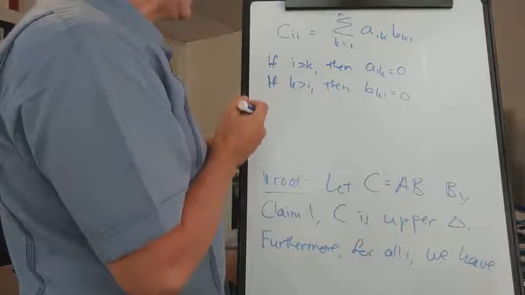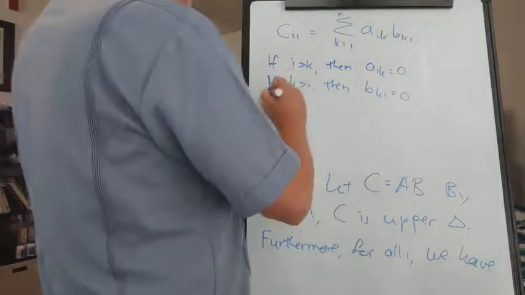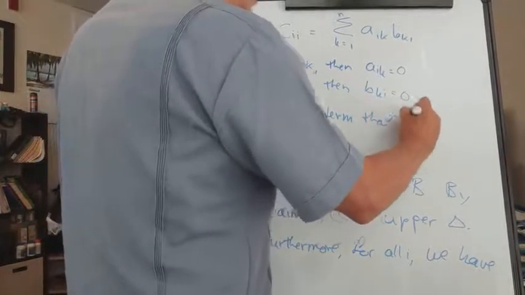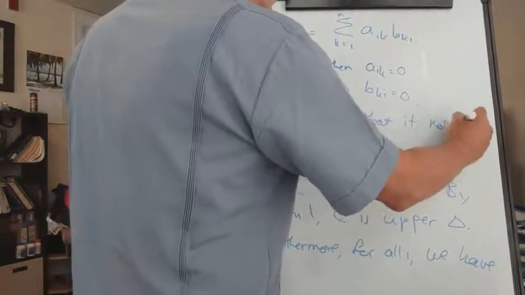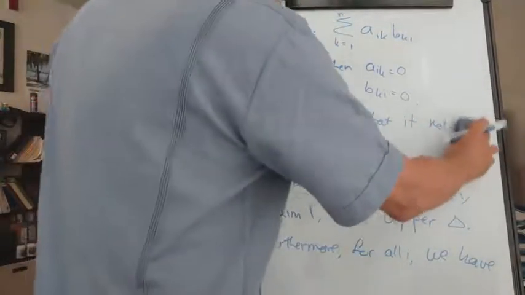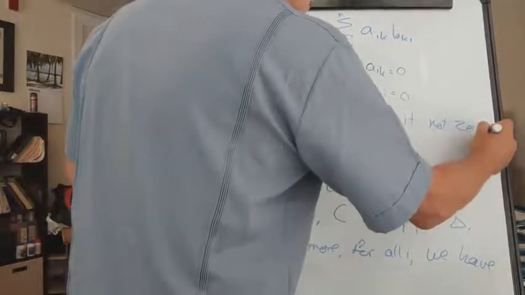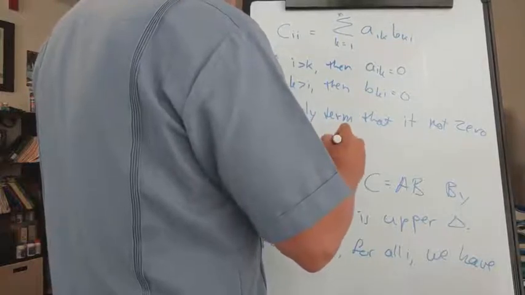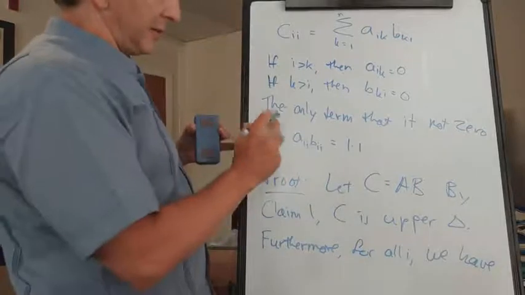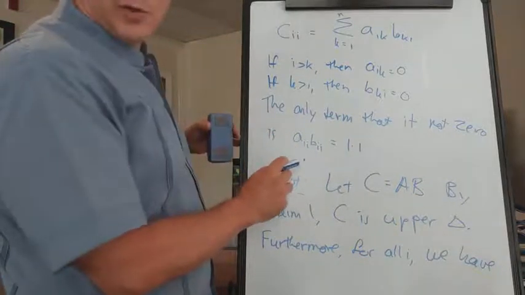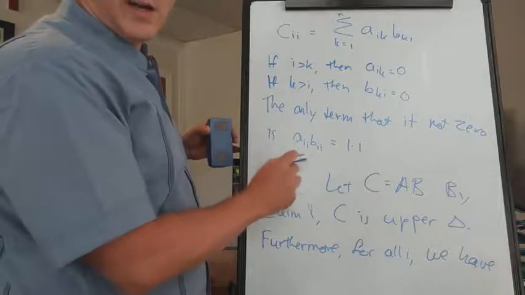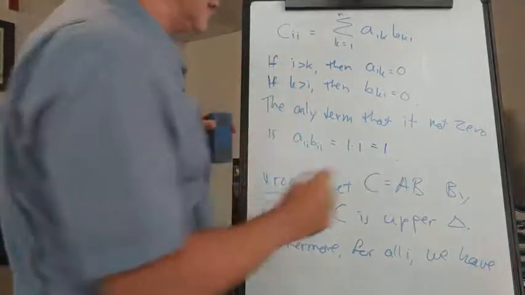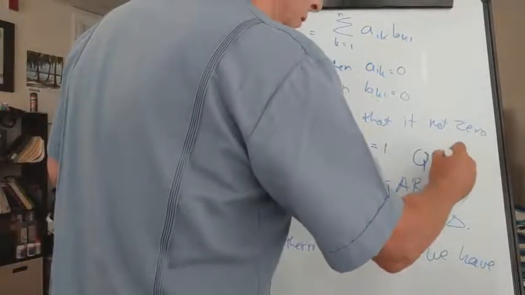The only term that is not 0 is a_ii b_ii. Now since A is upper unitriangular and B is upper unitriangular, that means the diagonal entries a_ii and b_ii are both 1. So that means the diagonal entries of C are all 1. Questo è dimostrato.